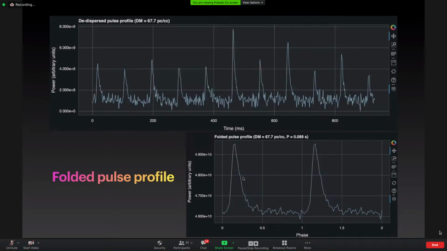What you'll notice is, as Desh was mentioning, there's significant scatter broadening of this profile. Essentially what it does is, it spreads out the contribution due to the pulse. This is due to this multipath propagation of these radio signals, where it will go through a lot of scattering media.